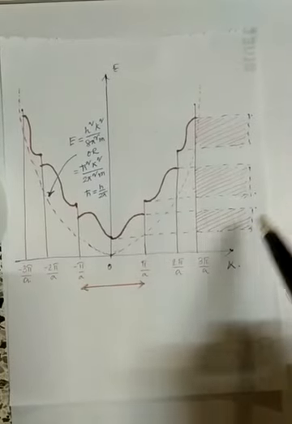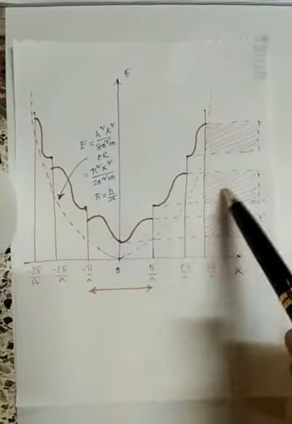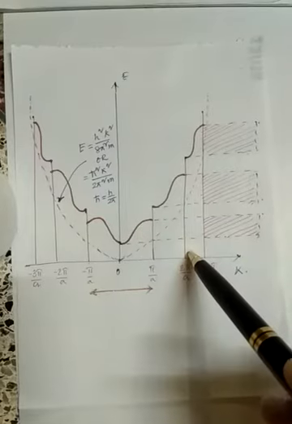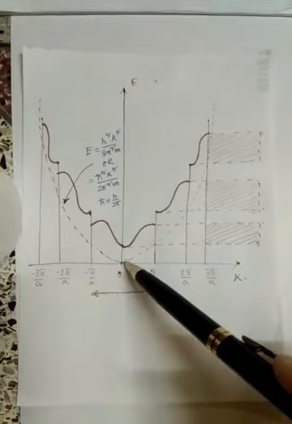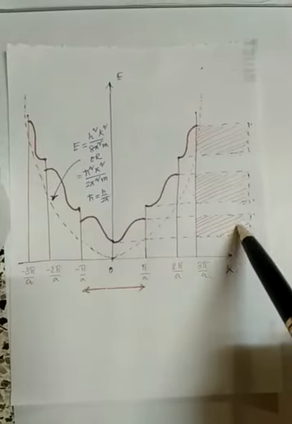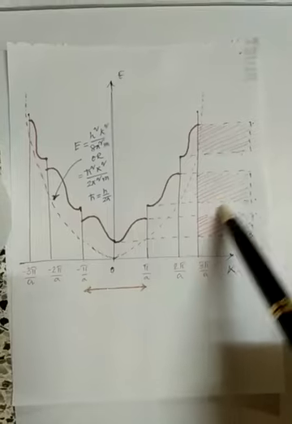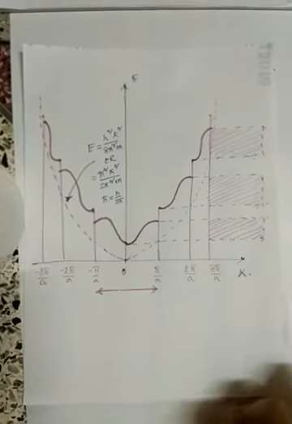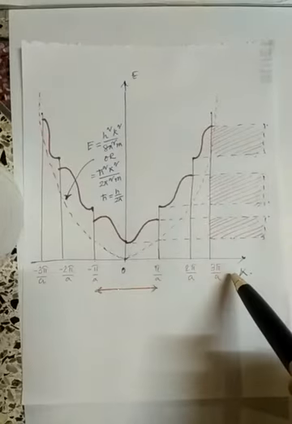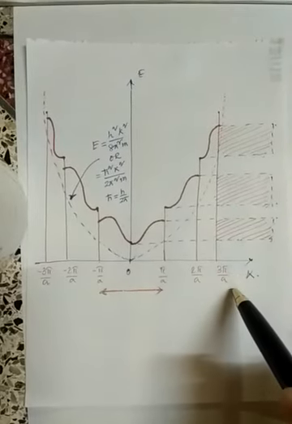So we can say that the energy spectrum of the particle moving in the presence of the periodic potential field inside the crystal is divided into two zones. This dotted zone is the allowed zone, and this blank zone is the forbidden zone, right? And with this diagram we will explain what the Brillouin zone is.